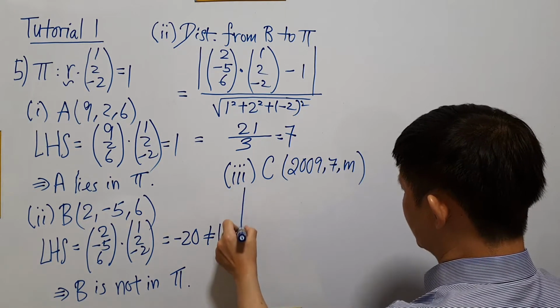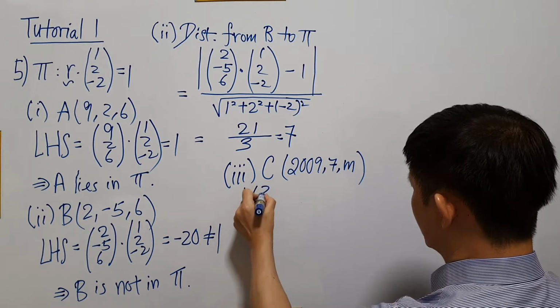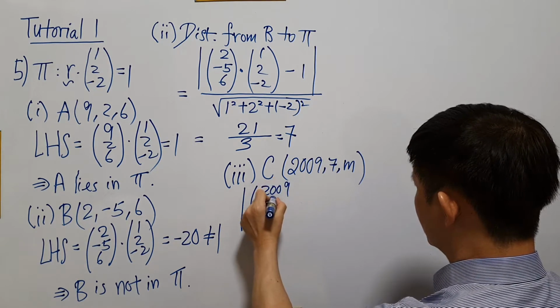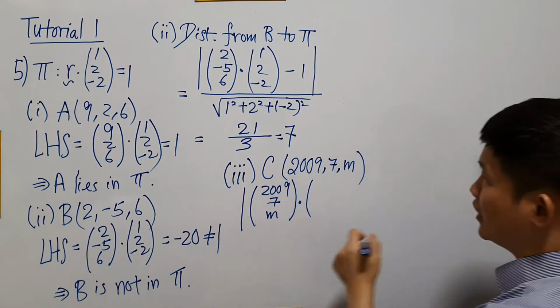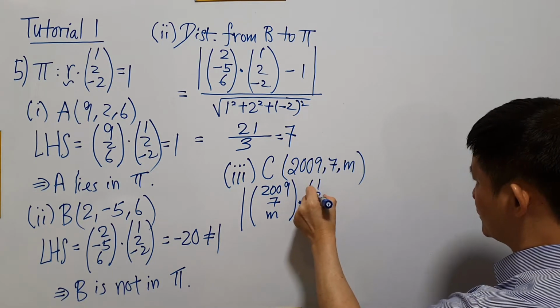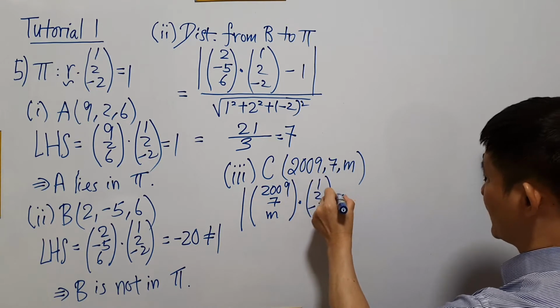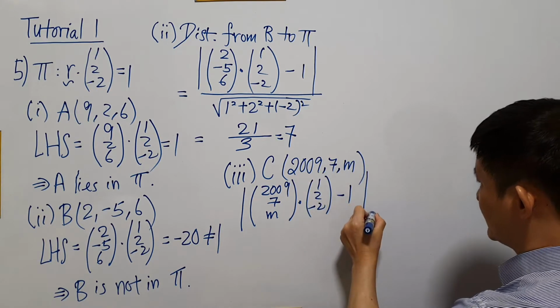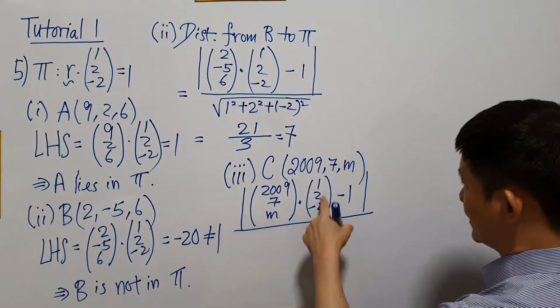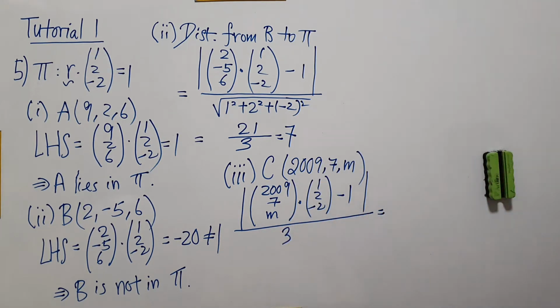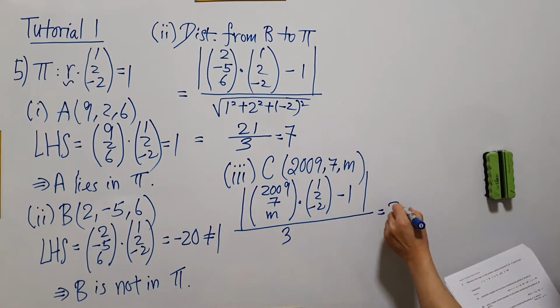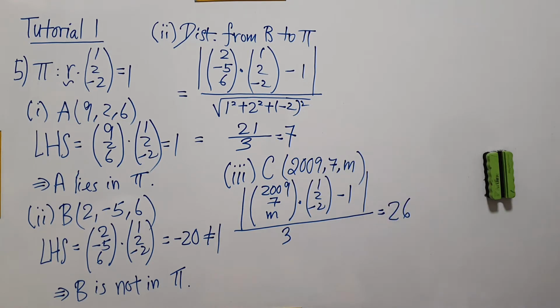Take the point in question, dot product with the normal vector of the plane, (1, 2, -2), minus 1, divided by the magnitude of this vector, which is 3. You equate this to 26, since you are told that the distance is 26. Right. So let me work out the numerator.